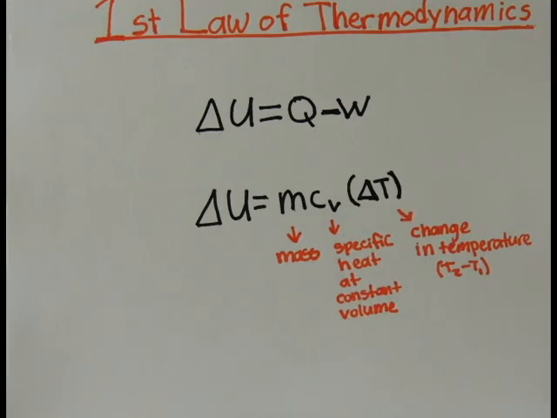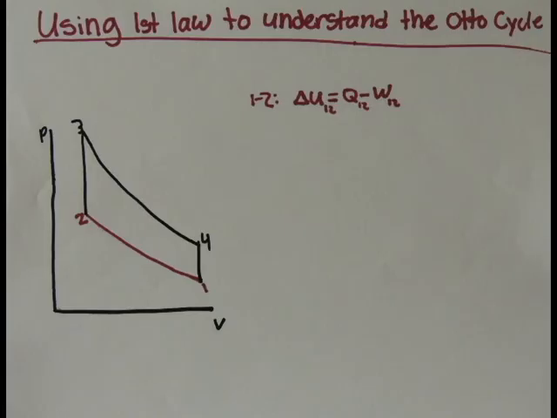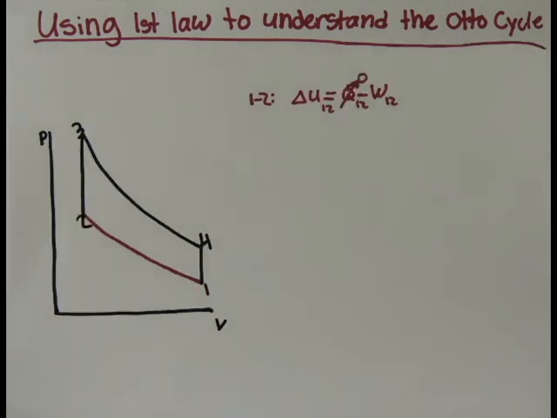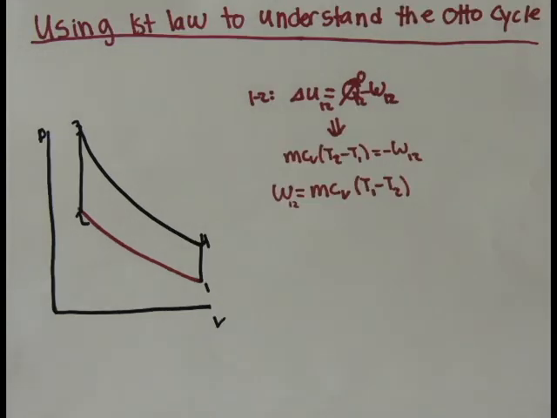Let's now add what we know about the first law of thermodynamics to what we know about the Otto cycle. We know that the first process from 1 to 2 is isentropic, and that there is no heat crossing the boundary. Therefore, Q equals 0, and we are left with the work that crosses the system boundary, W12, equal to mCv (T1 minus T2).